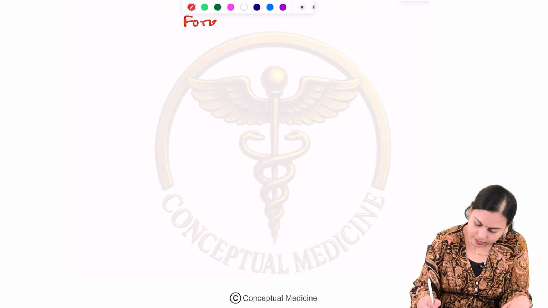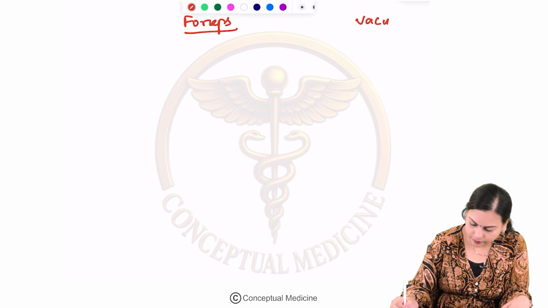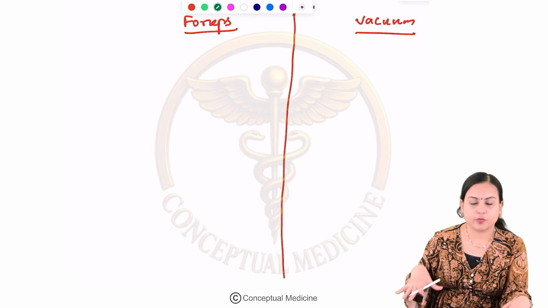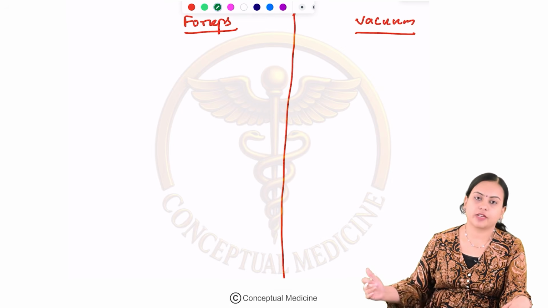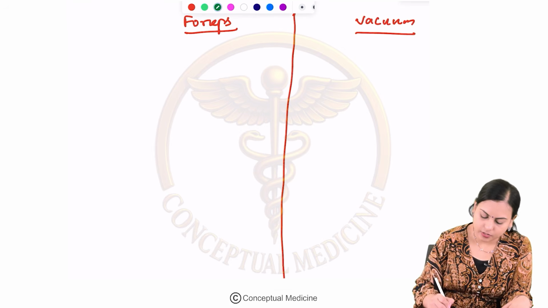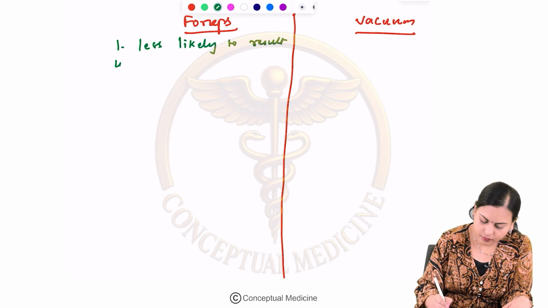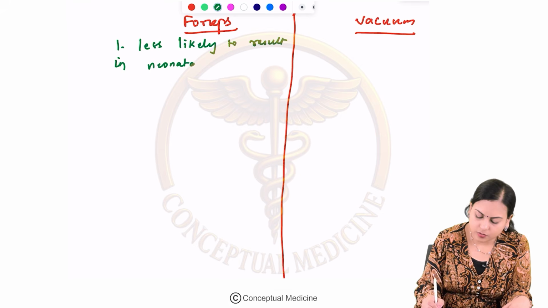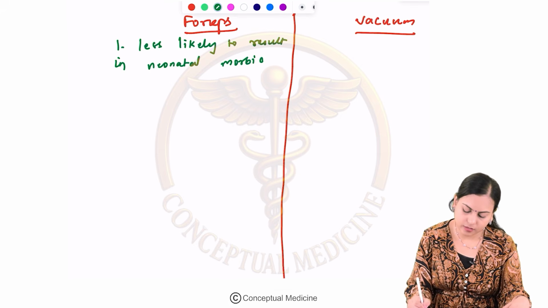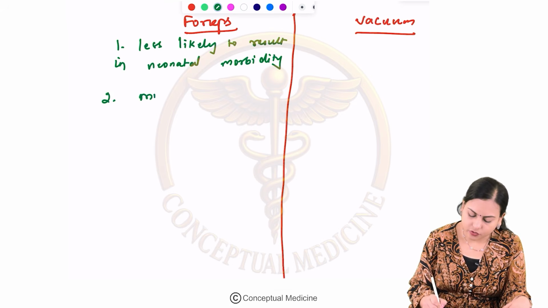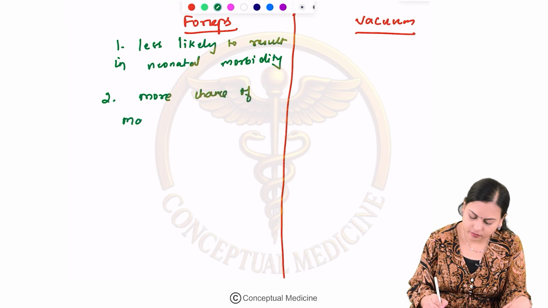So, forceps delivery and vacuum delivery. First, we'll see the points about forceps delivery. Then, we'll try to bring out the points about vacuum. Forceps delivery is less likely to result in neonatal morbidity. But there is more chance of maternal injury.